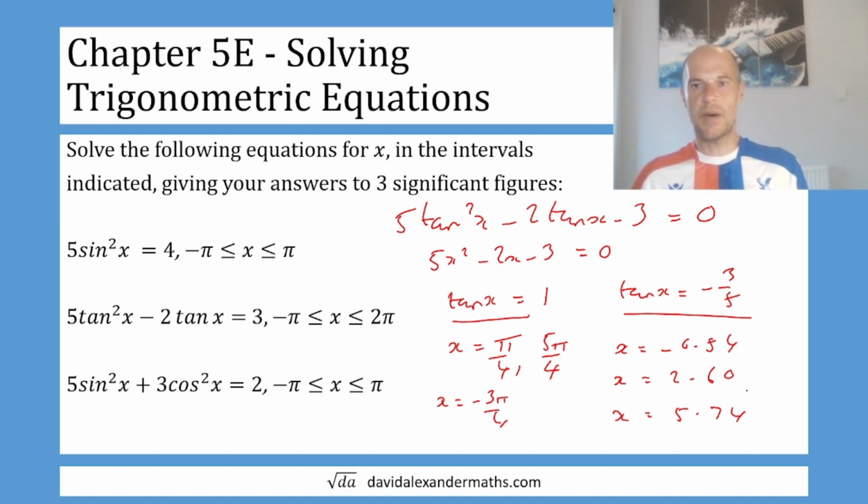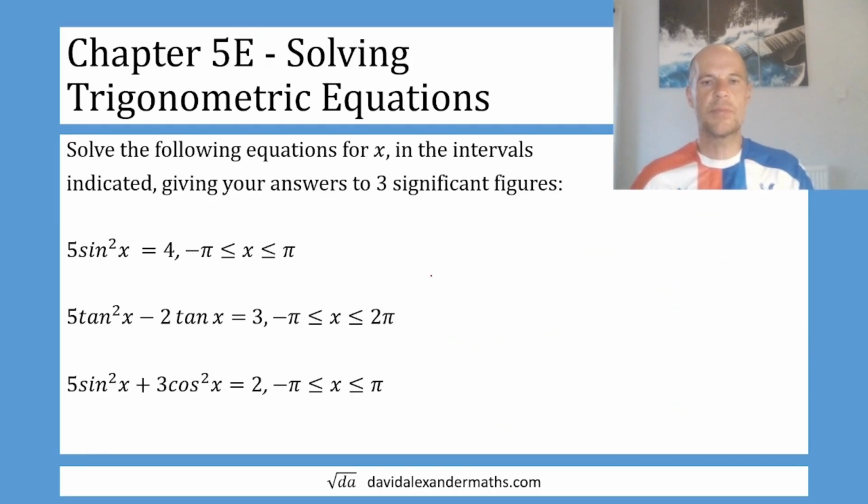And if I add another pi, then that will definitely be greater than 2 pi. And if I take away a pi from this negative number, that will take me below negative pi. So there's 6 solutions. It doesn't matter if you don't put them in order, as long as you've got them all listed. But there we have it. So 3 from the tan of x equaling 1, and another 3 from the tan of x equaling negative 3/5.